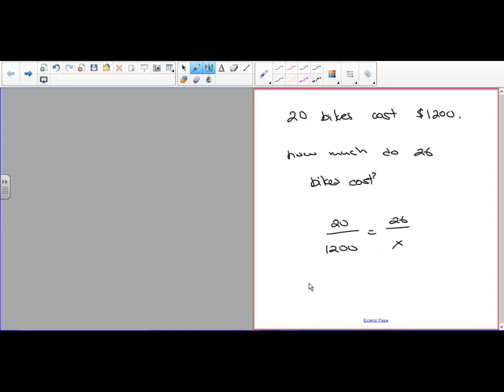The other way, of course, is you could calculate the cost per bike, which would turn out to be, I guess, $60. So you could get $60 per bike. How did I get that? Because I had $1,200 for 20 bikes, which is basically what I'm doing here, except I did it in the order that was shown.